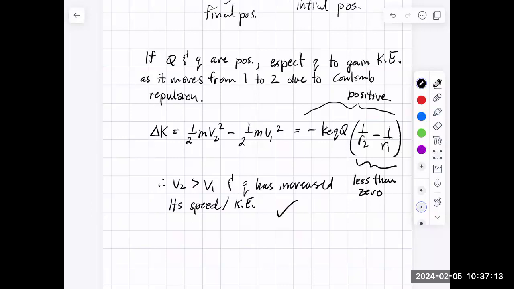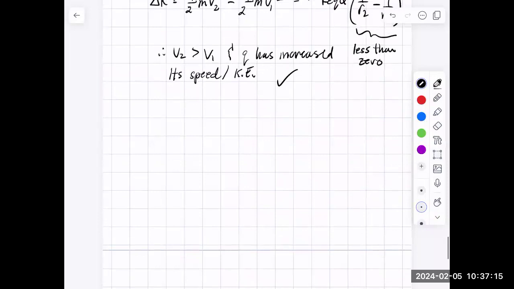Okay, good. I want to do one other thing with this example, and I want to show that what we could have done is we could have chosen a different path between our 2 points, 1 and 2, and I want to see what happens when we do the calculation following this alternative path.